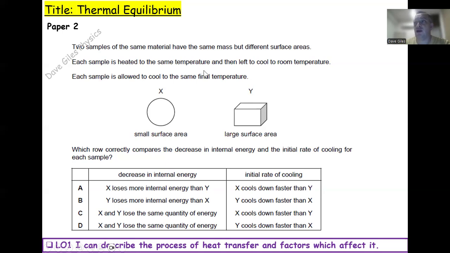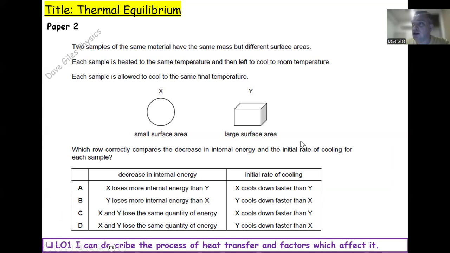Each sample is heated to the same temperature and then left to cool to room temperature. Each sample is allowed to cool to the same final temperature. You've got a small surface area and a large surface area, but the same mass. Which row correctly compares the decrease in internal energy and the initial rate of cooling for each sample?